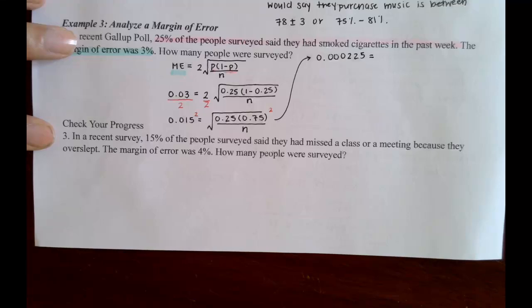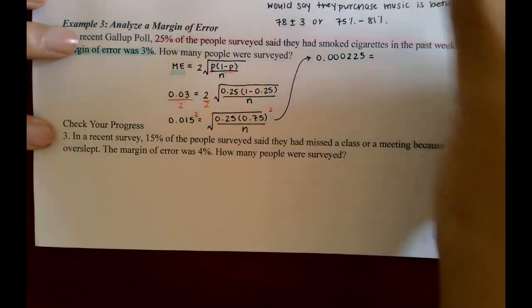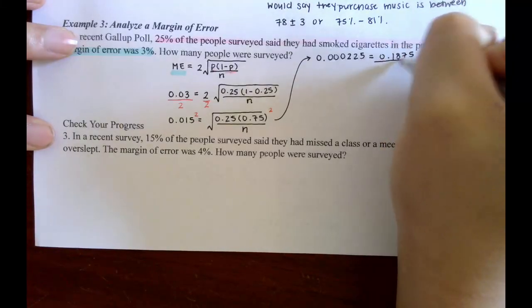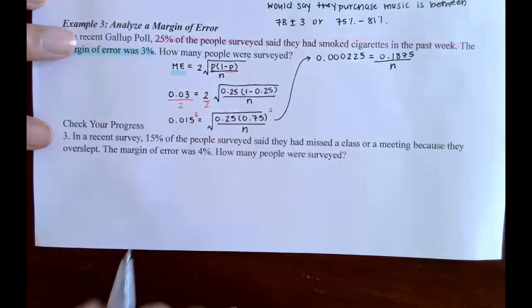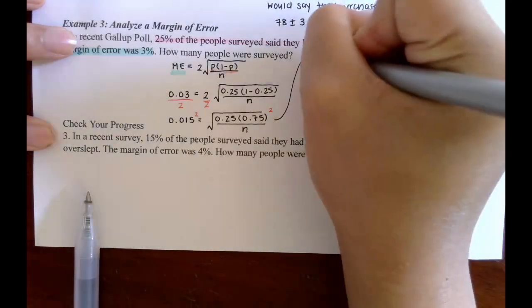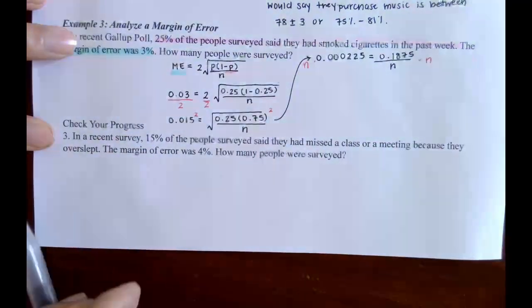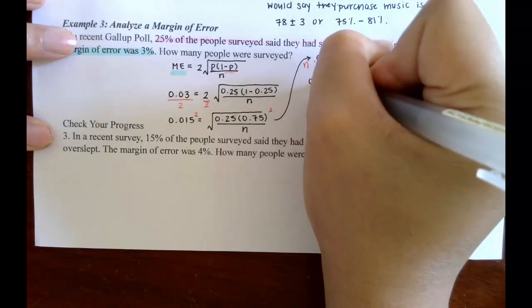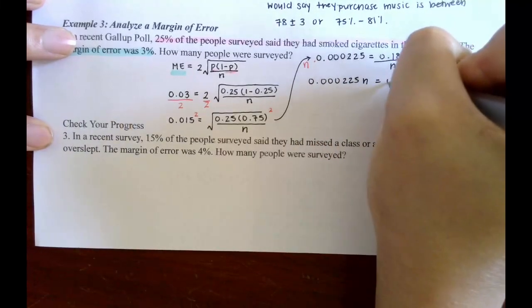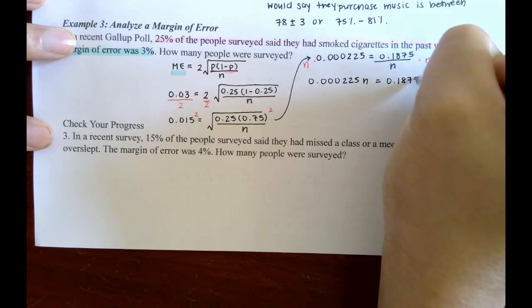The 0.25 times 0.75 is 0.1875 over n. I'm going to multiply n on both sides. This becomes 0.000225 n equals 0.1875.